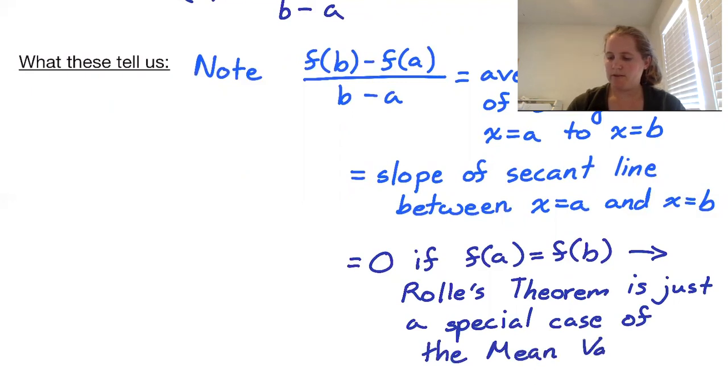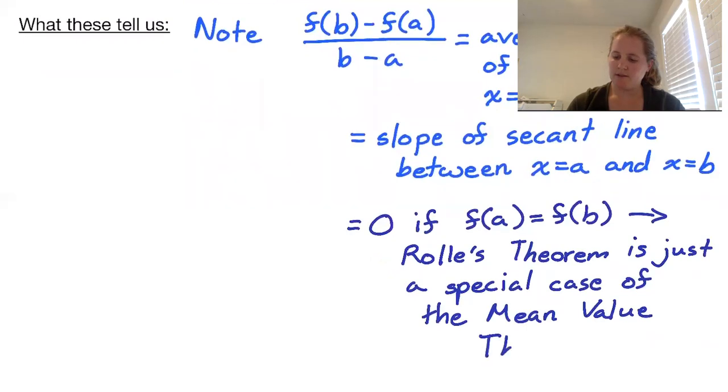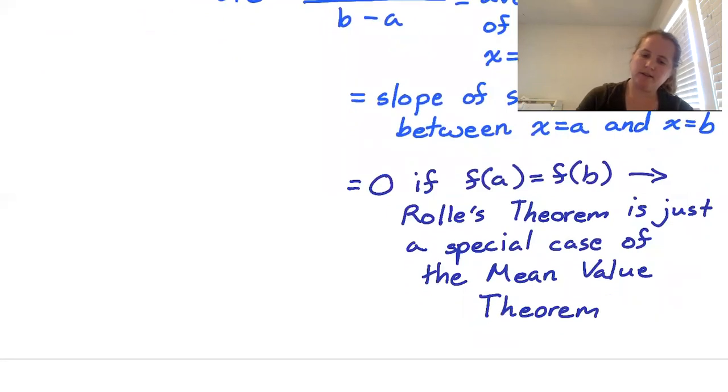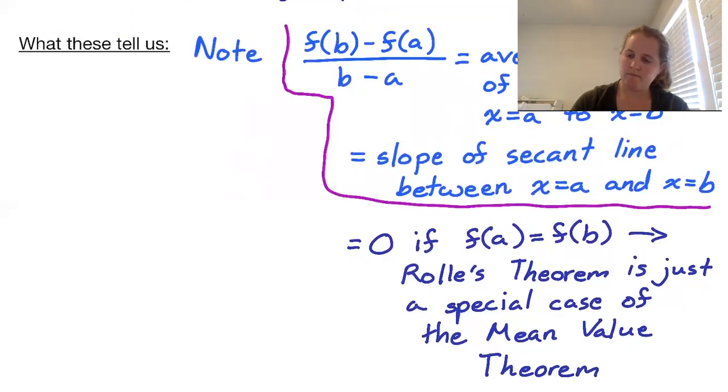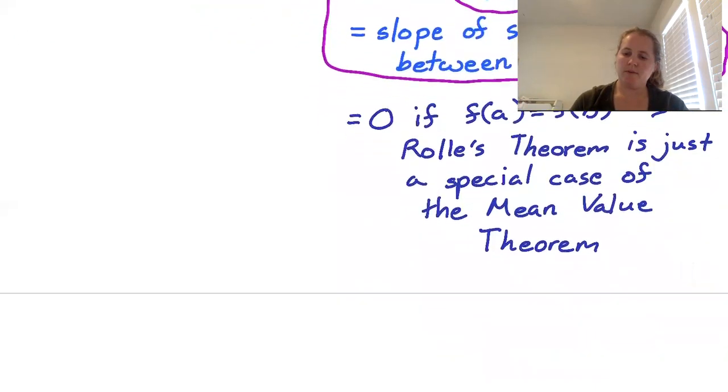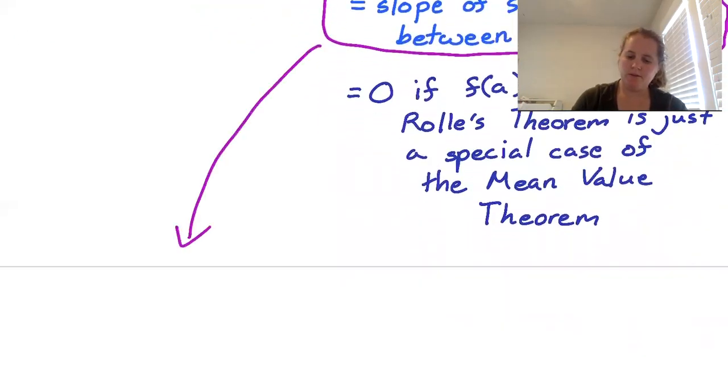And what this slope of the secant line is going to give us is essentially, so if we take this slope of the secant line interpretation, then we can go ahead and draw a picture.